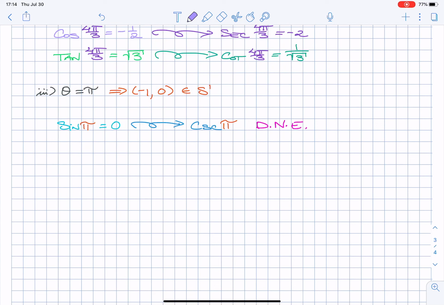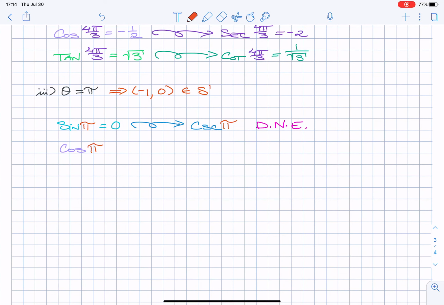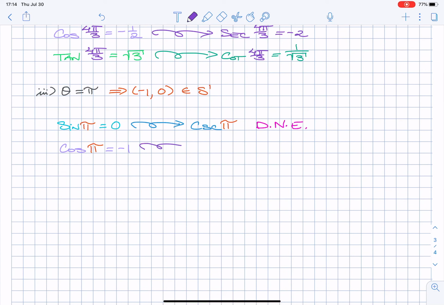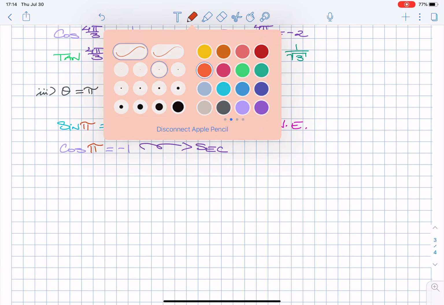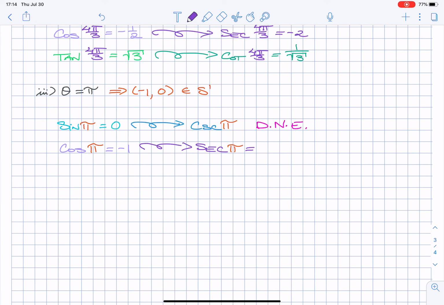Okay, so cosine of pi, well, that's the x coordinate, which is -1. So the reciprocal function secant of pi is also -1.